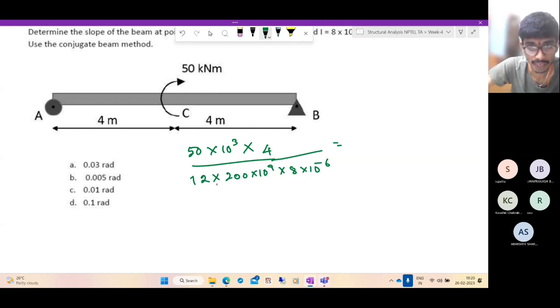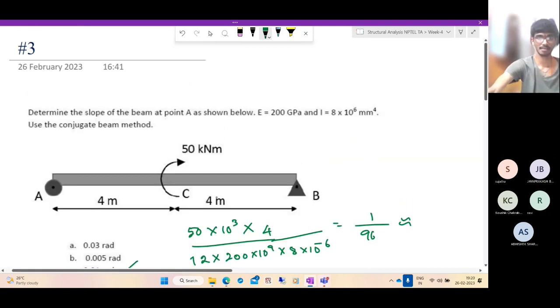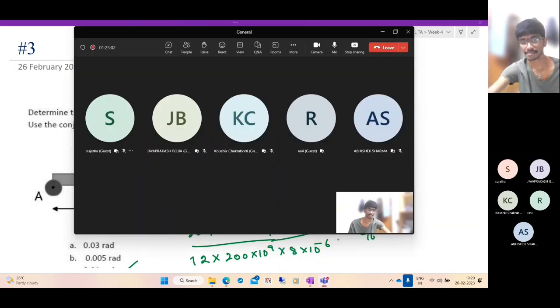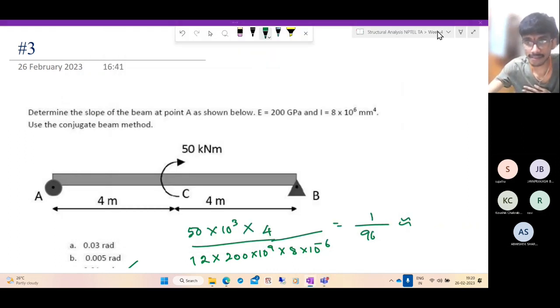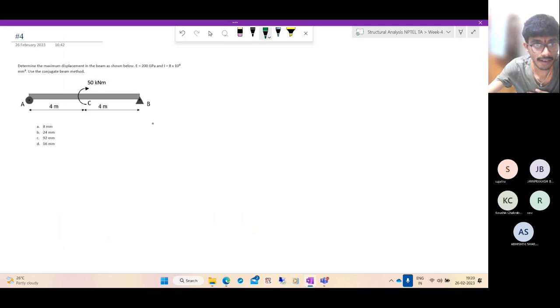And then you get 1 by 12 8s are 96. So that is approximately 0.01. Clear? Let's go to the next question.